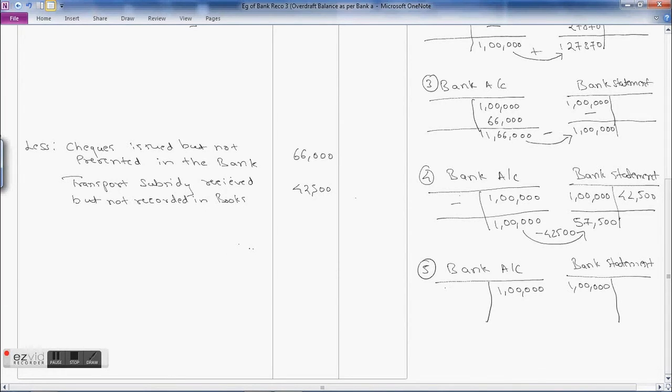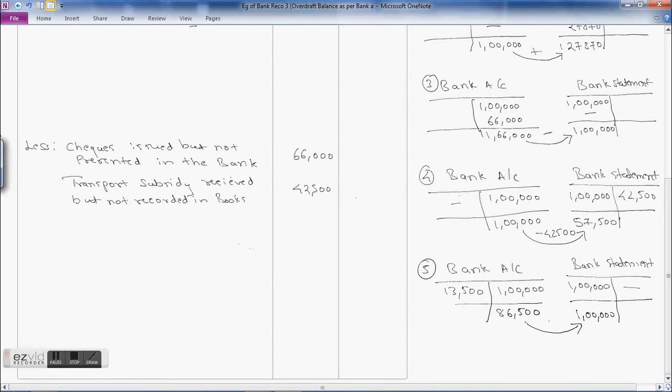So on the debit side of the bank account, I'll put it as 13,500. Okay, but it has not been credited by the bank, so there is no credit entry. So what is the net impact here? The balance comes to 1 lakh minus 13,500. So balance comes to 86,500, and in the bank statement the balance is the same, that is 1 lakh, since the entry is not credited.